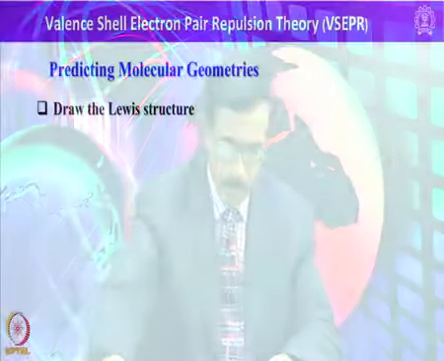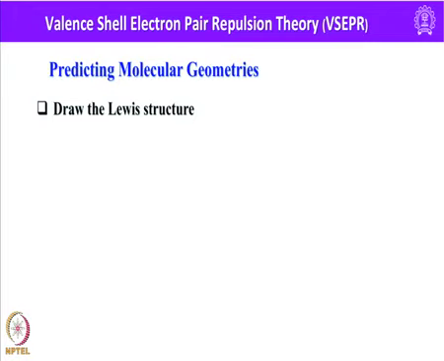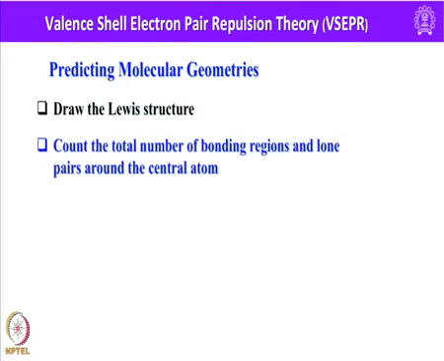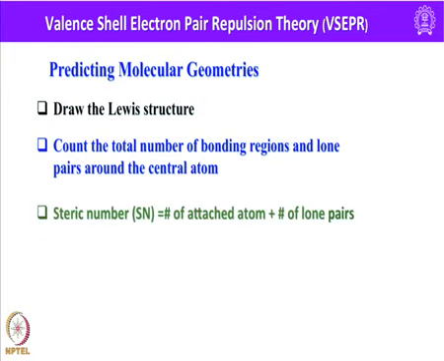So, let us look into the prediction of molecular geometries using valence shell electron pair repulsion theory. First, we have to draw the Lewis structure, and then count the total number of bonding regions and lone pairs around the central atom and arrive at the right steric number.